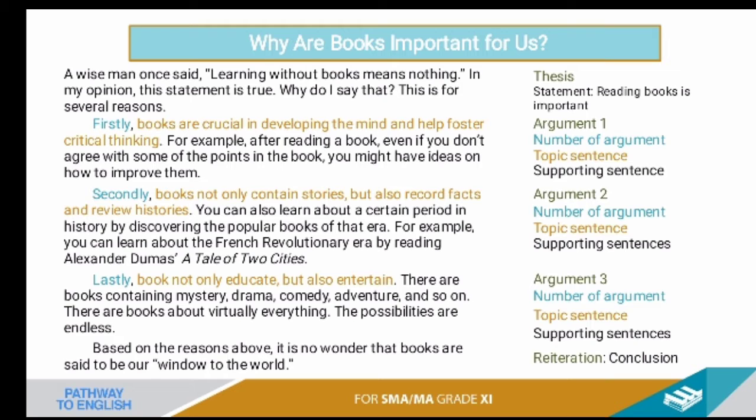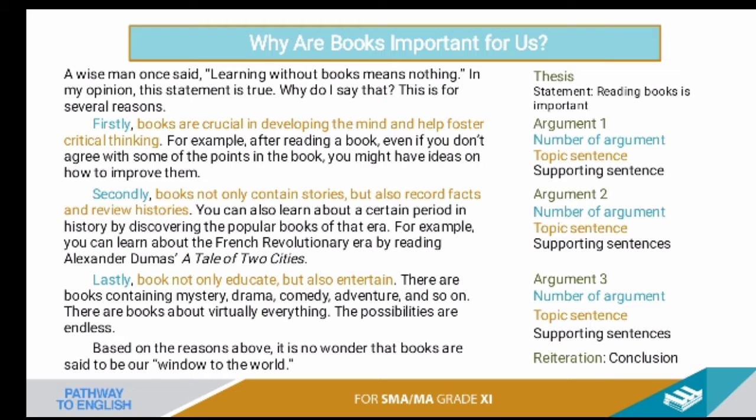And the yellow, the orange color in this text indicates the topic sentence atau kalimat utama dari paragraf ini. Contohnya, books are crucial in developing the mind and help foster critical thinking. Itu yang namanya topic sentence.